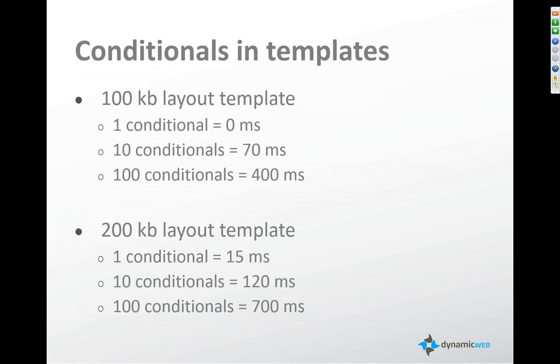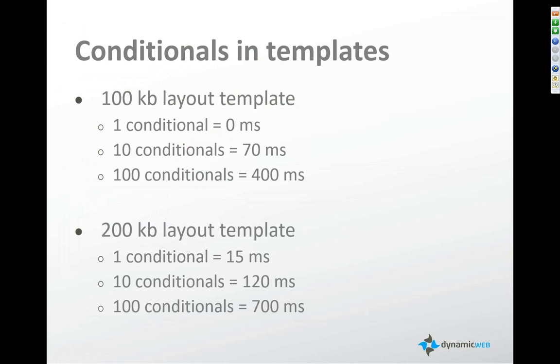So here we have some measurements on some very large layout templates and the amount of conditionals that we put into them. Conditionals are, for the time being, relatively expensive to get executed in these templates.